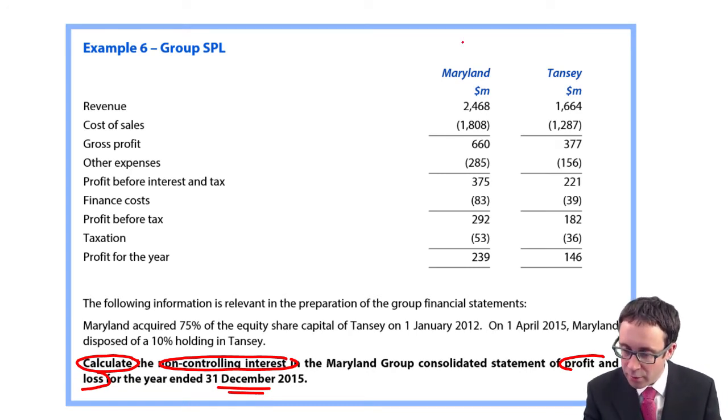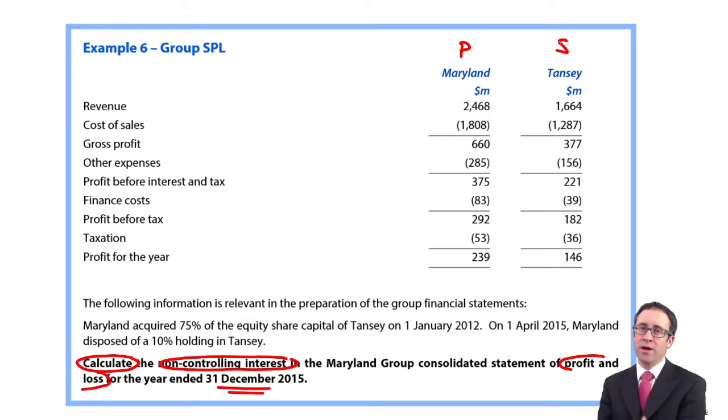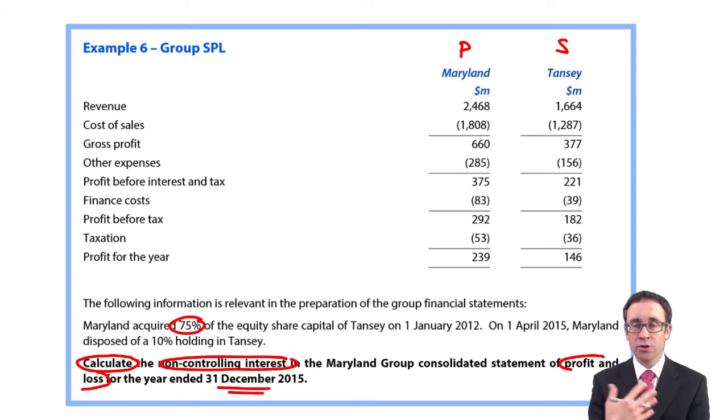Maryland must be the parent, mustn't it? As it is the Maryland group. So my assumption is that Tansy at some point during the year is a subsidiary, isn't it? The information below tells us that Maryland had acquired 75% of the share capital of Tansy on the 1st of January 2012. So therefore we had control, and the non-controlling interest owned 25%.